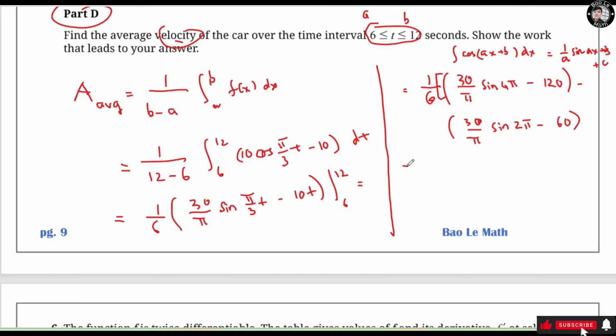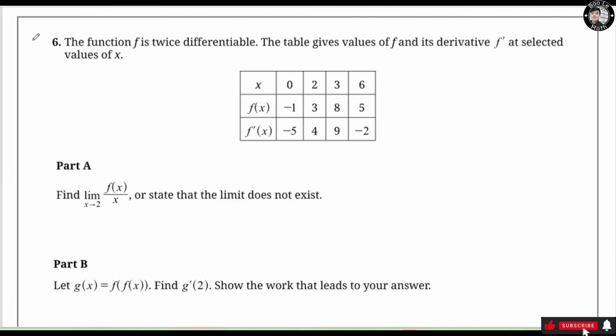So we have 1 over 6 times sine of 4 pi equals 0, so this guy turns out to be negative 120. Subtract sine of 2 pi equals 0, and this could be minus 60. So the answer is negative 10 feet per second.